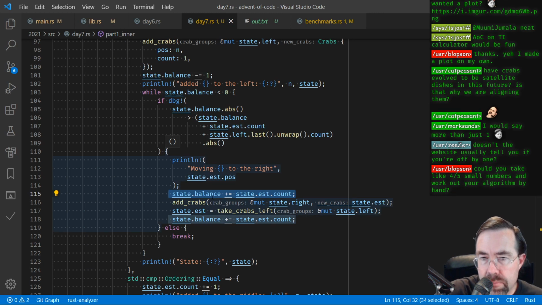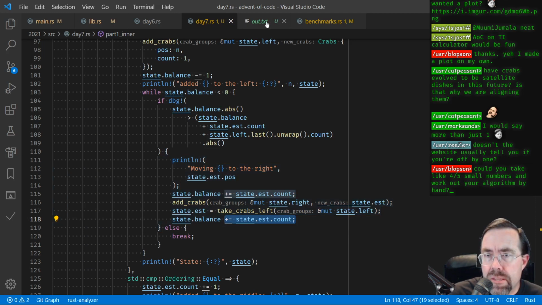So when we move something to the right, we're adding it to the right. And we take off the left. Oh, wait. No, that's right. So how did that add up then?